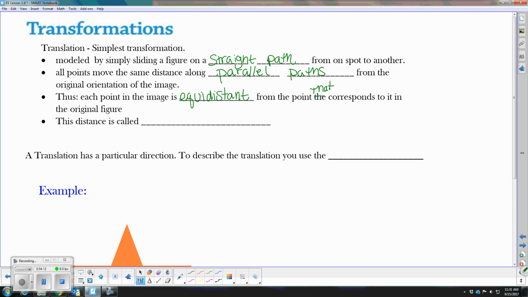This distance from the point on the original image to the point on the translated image is called the distance of the translation.